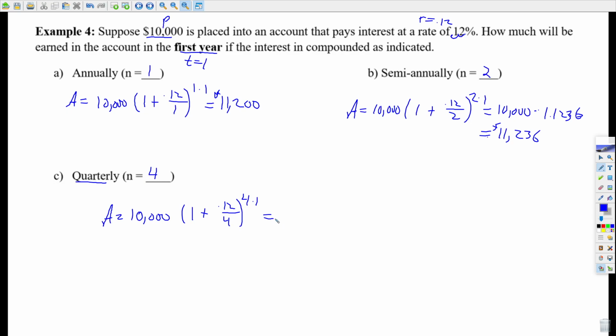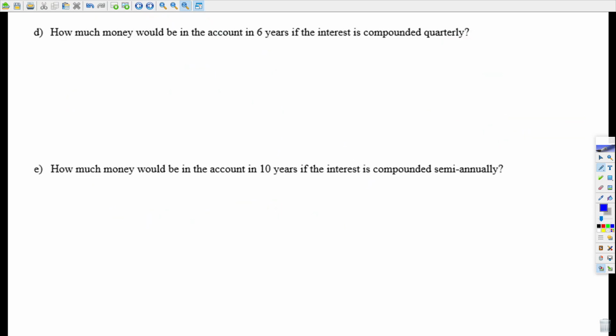It's best to use as many digits as you can. Multiply that by 10,000, and I get 11,255.08. It actually could be rounded up to 0.09. So again, we're getting even more money from the one time we do it a year. By doing it 4 times, we go from 36 to 55. Still 11,200, but we're just getting some extra money by them calculating it more times in a year, which is not bad.